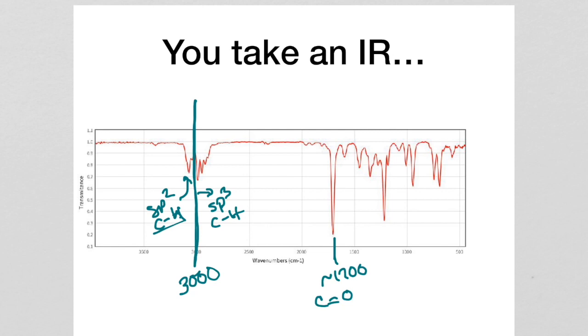Now, because we've got sp2 hybridized C to H, we want to think some about whether or not we think we have an aromatic or an alkene. And if we look really hard, we actually see some peaks here that are indicative of aromatic, including the CH stretch. We've got some faint overtones, and we've got some out-of-plane bending.